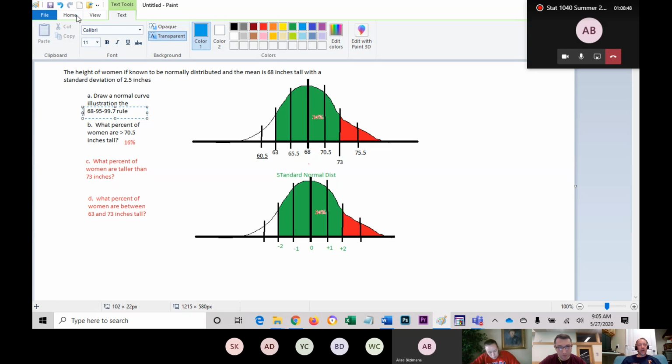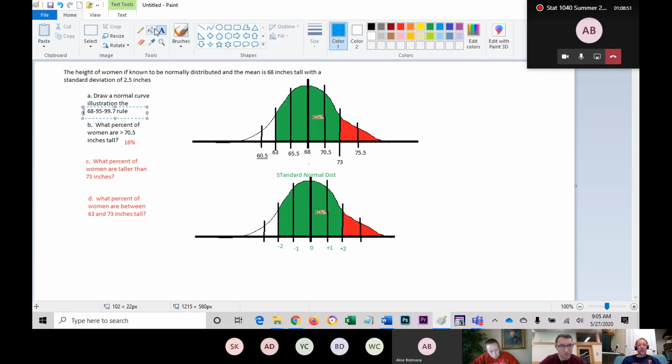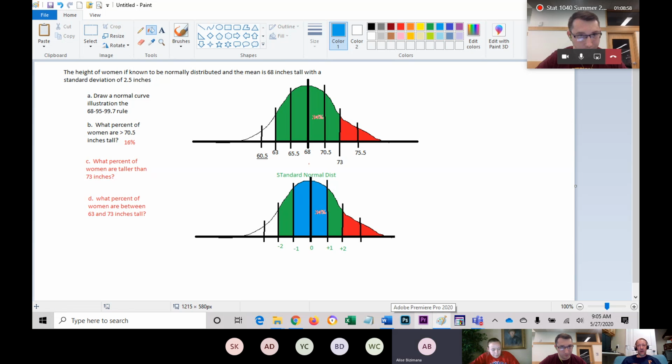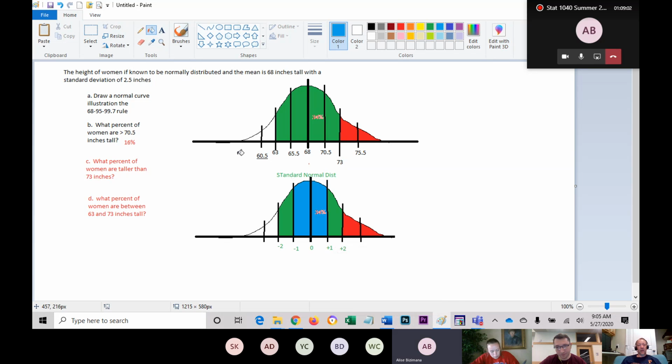So this here is 68%, right? Yes. Okay. So if that's 68%, what's the green area?